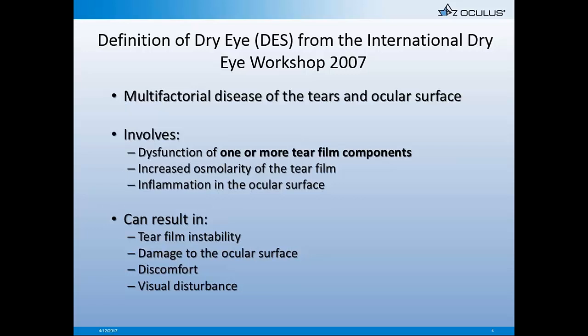So we've all understood that dry eye is a multifactorial disease. The part that I'd like to really focus on is more the dysfunction of the tear film. Osmolarity and inflammation is extremely important. I think those of you on the webinar that currently have a Keratograph, you'll agree with me.